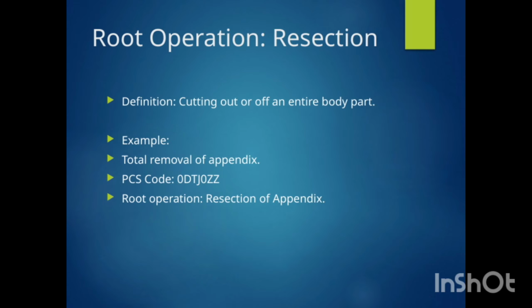The root operation for this kind of procedure is called resection, emphasizing that we're taking out the whole organ or body part. Understanding this is crucial because it helps us classify and document surgical procedures accurately, especially when considering coding and billing. It also ties into the overall theme of understanding different types of surgical interventions and their specific purposes.